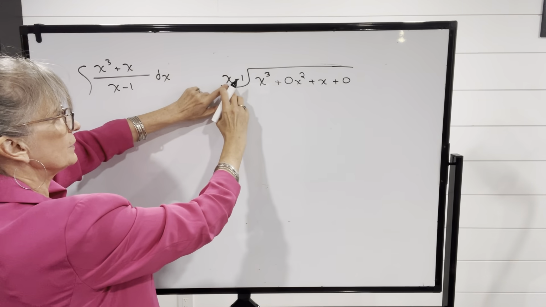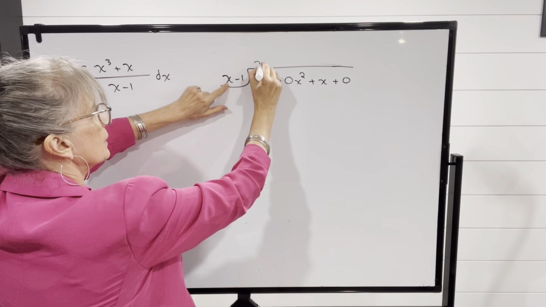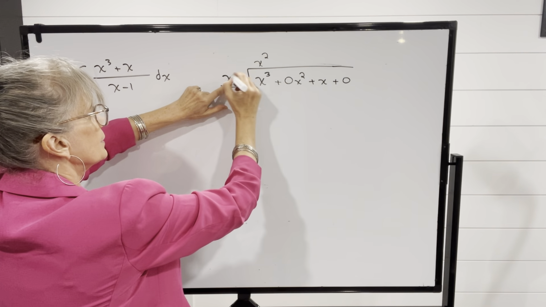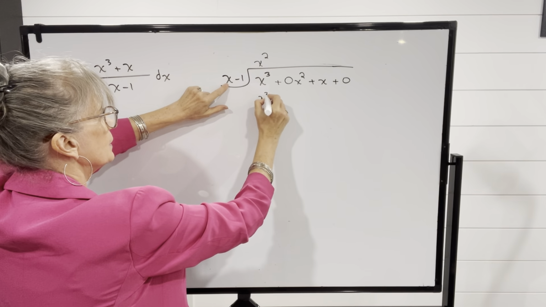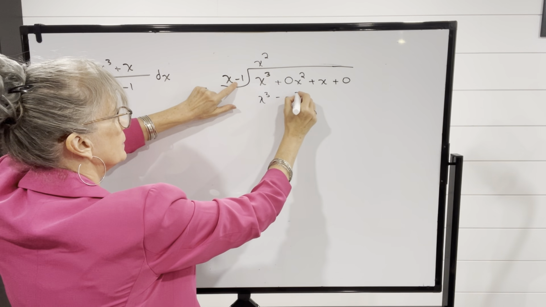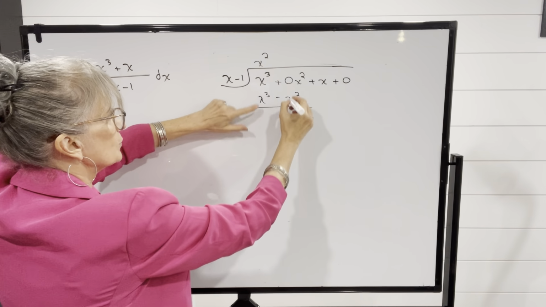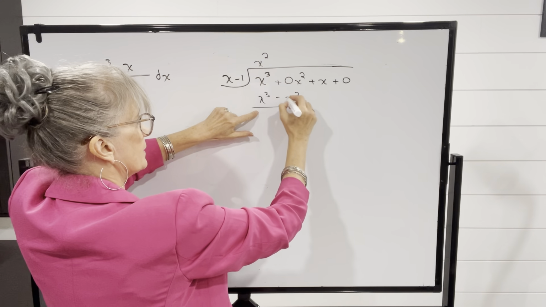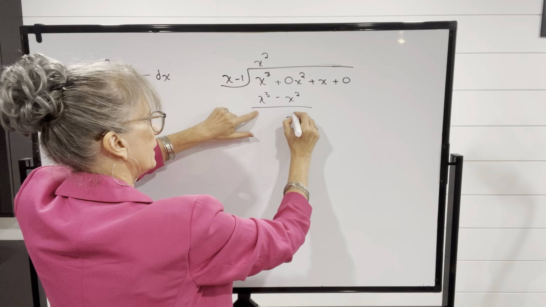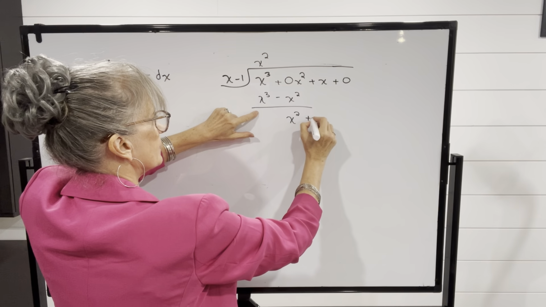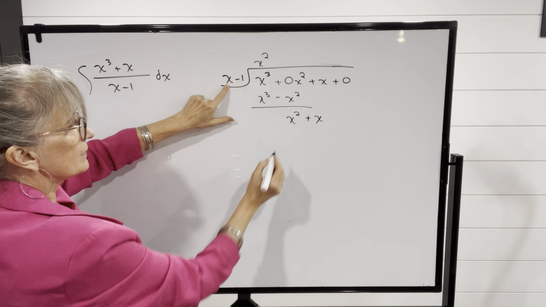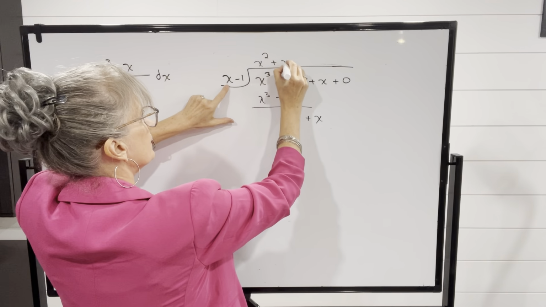Now I'm going to do the division. X goes into x cubed, x squared times. So x squared times x is x cubed minus x squared. Now I subtract, and that becomes 0 minus negative 1 becomes positive 1x squared. I bring down the next term. So x goes into x squared x times.